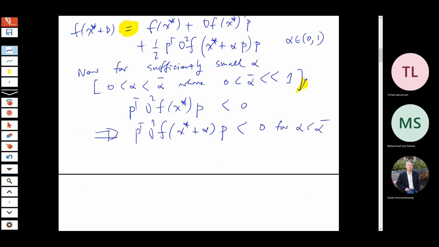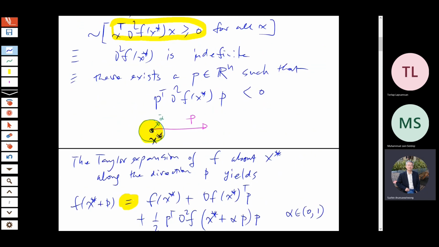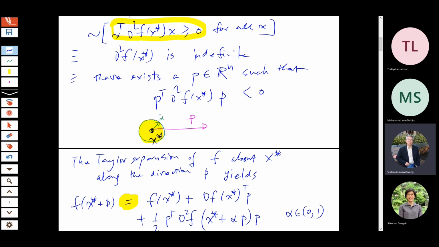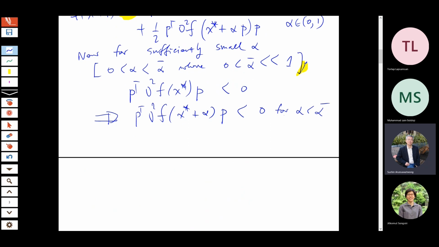That means within this yellow ball, within this yellow sphere in the R^n space, the quantity P transpose the H matrix at the point x star plus alpha P, times P, must be a negative number, right?